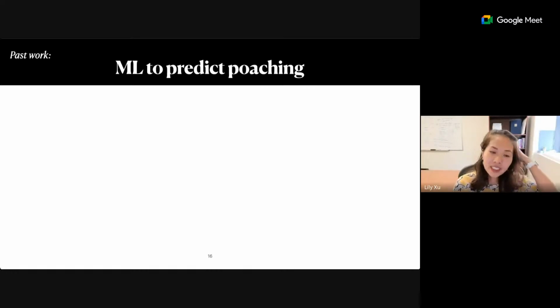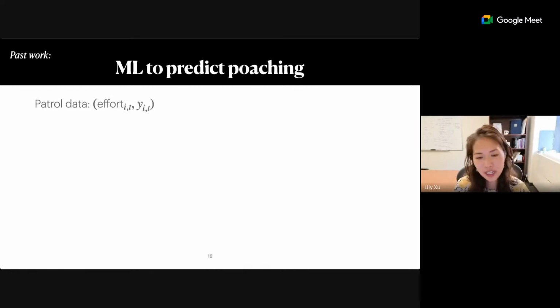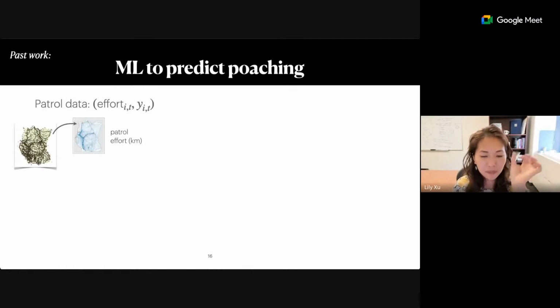And before going into how we formulate this as an online learning problem with bandits, I'll go back to some earlier work on just bringing in supervised learning here. So this is starting with the patrol data that we have. We can see for each place in the park, each 1 square kilometer region is 1 pixel.